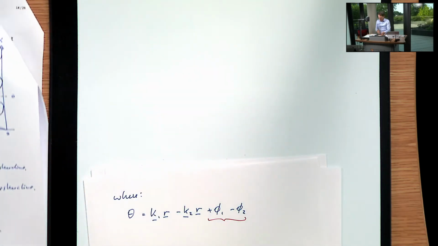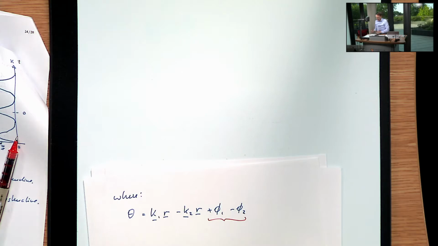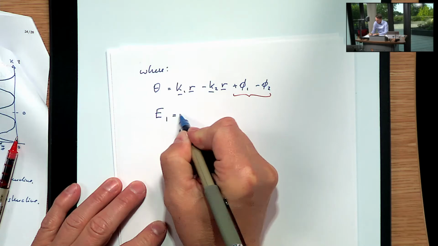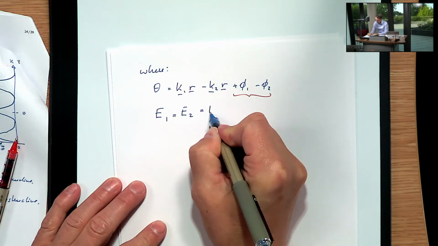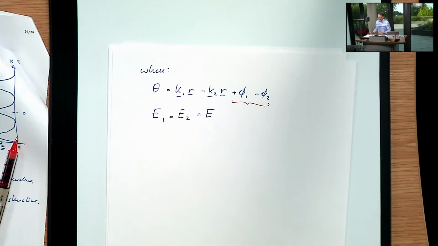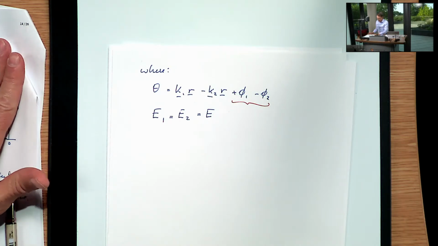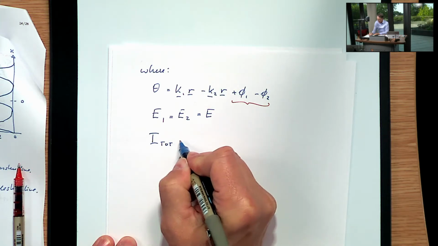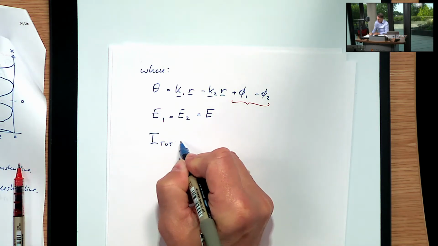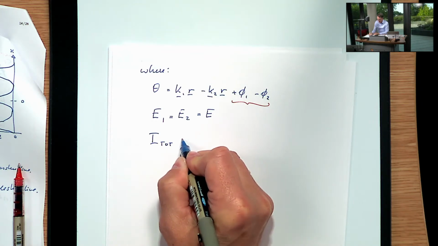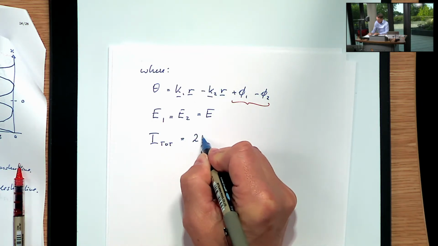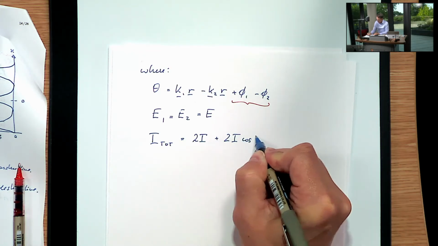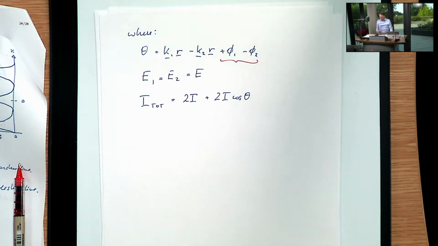Okay, so if we now take a simple case where, let's say, E1 equals E2 equals E, so they have the same amplitude, then the total intensity from the two fields arriving at any point is given by 2I plus 2I cos theta.